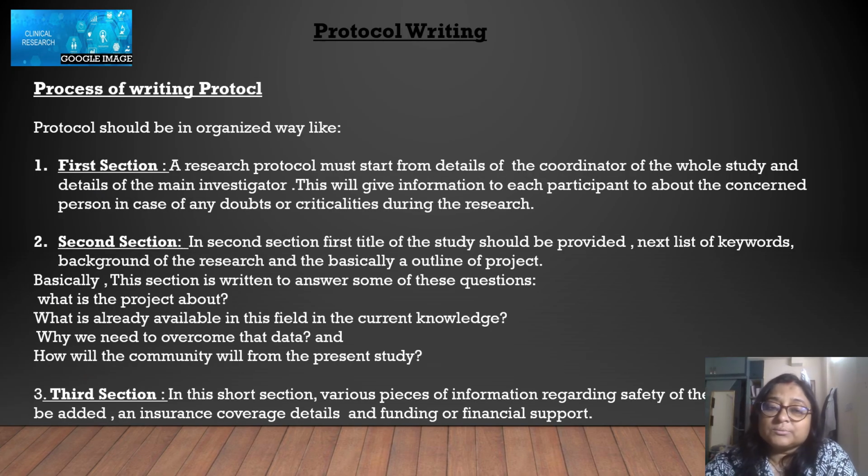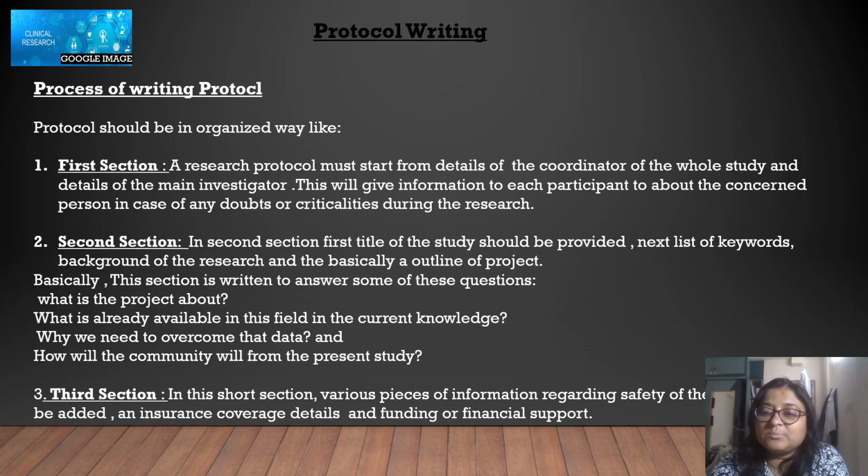Now all these things we discussed in the previous slide should be organized in a way that there should be three sections. In the first section of the research protocol, it must start with details of the coordinator, the investigators and all others who are the important contact persons of the whole study and research. Because if anyone is involved in this research, they will have the contact information.